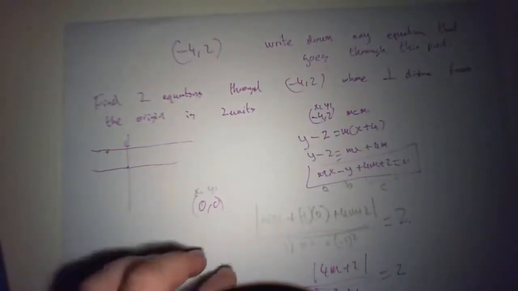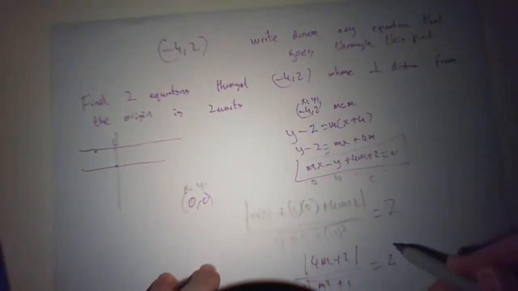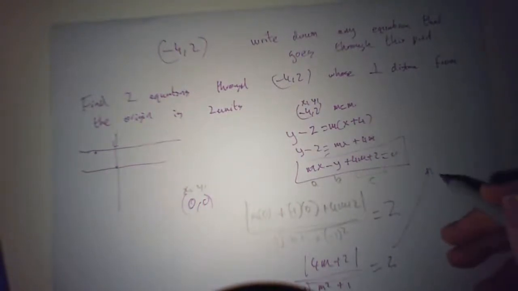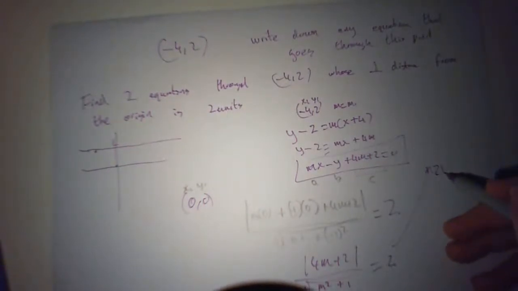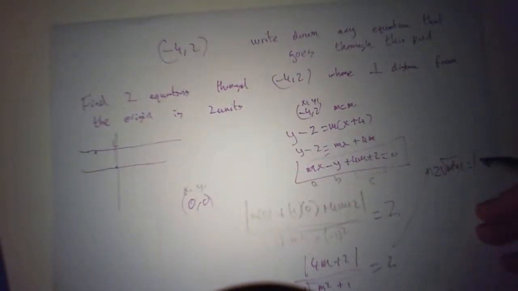I've run out of space, so I'm going to do it up here. So that's going to be 2 root m squared plus 1 is equal to the absolute value of 4m plus 2. So we're going to have to square both sides.